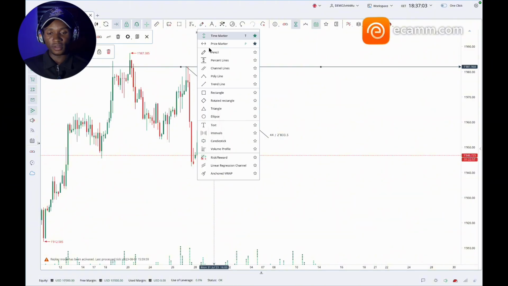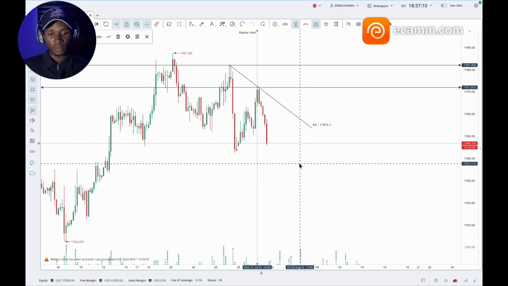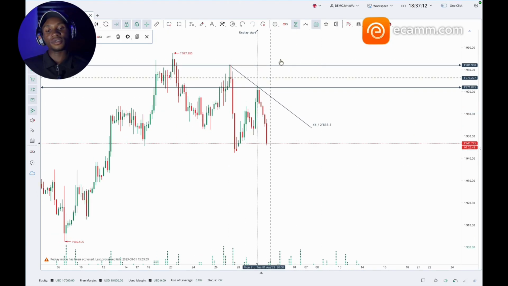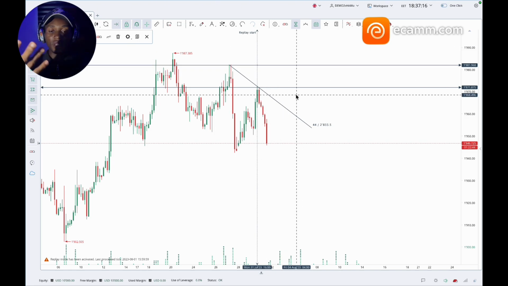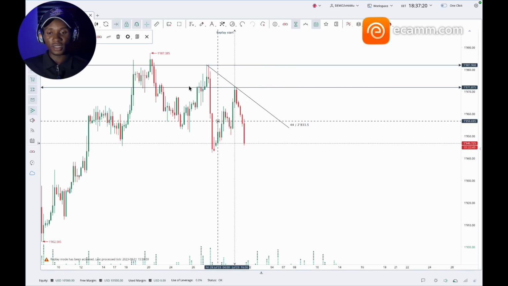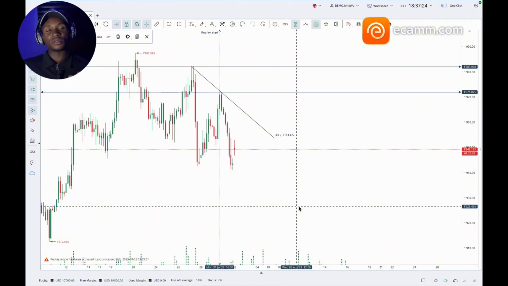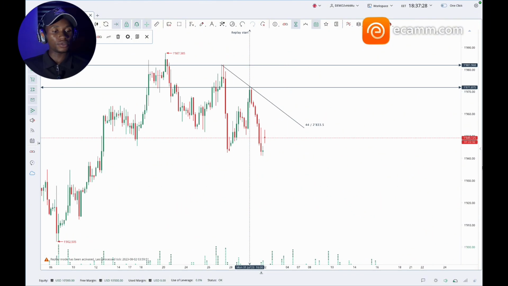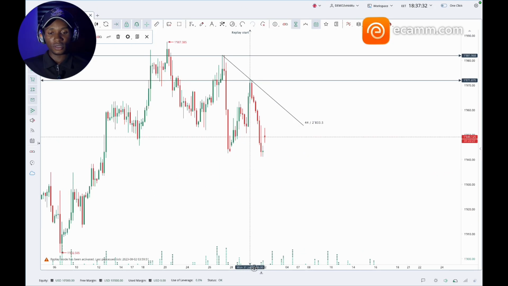I want to draw an area of value. So this is our area of value now. This resistance over here, this horizontal ray, is acting as our resistance right now. These are places that the market will push to. Know that when it gets there, it's likely to push back down. You understand?